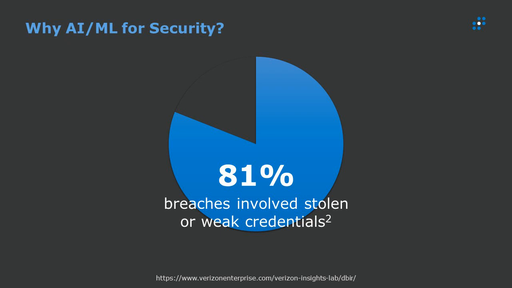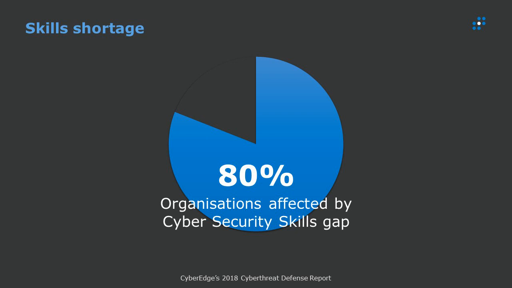And I guess the third piece here really is around the cybersecurity skills gap. CyberEdge's 2018 Cyber Threat Defense Report found that 8 out of 10 organizations reported they were being affected by the cybersecurity skills gap.